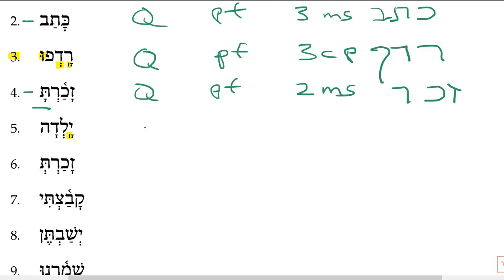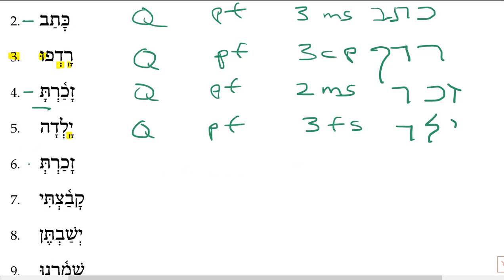The yod is part of the root. So Qal Perfect, and the vowels match the Qal. Third feminine singular, and our root is yalad. Okay, so yalad is to bear, like to bear a child. And so this would be she bore. Normally you'd have a direct object after that. She bore a child.